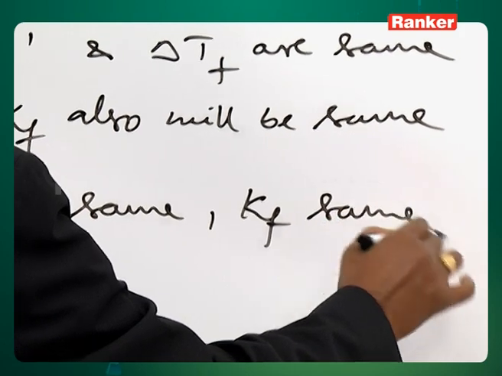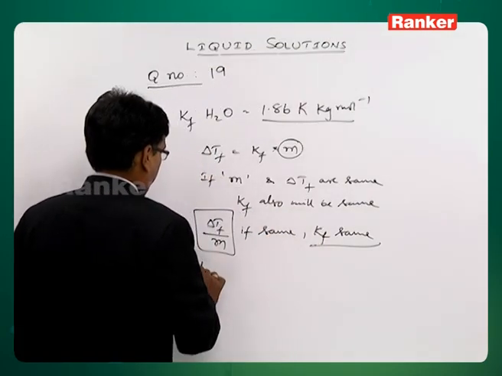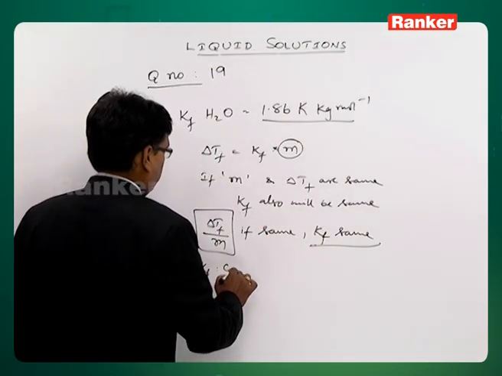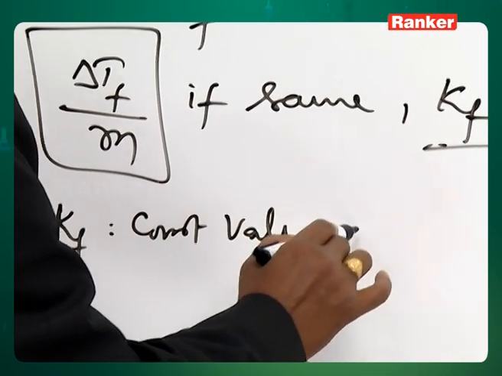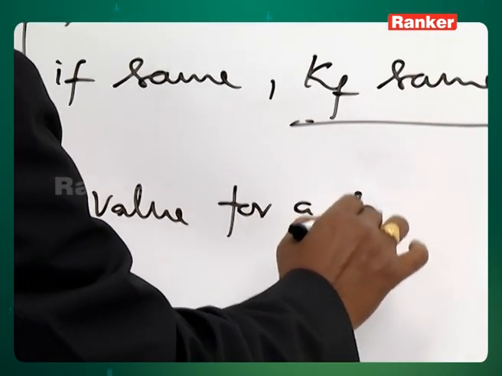So, otherwise Kf is a constant value for a solvent.